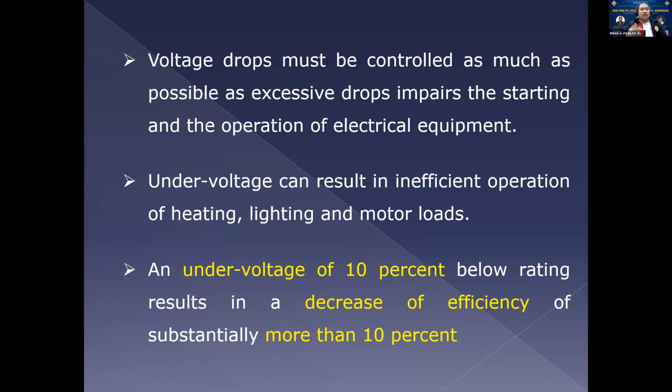So, ano yung mga byproducts niyan, mga side effects is heating, no? Kasi alam natin si motor loads is a constant power load, no? So it has to compensate, no? Ano ba yung elements ng isang power natin? It's a product of voltage and current.